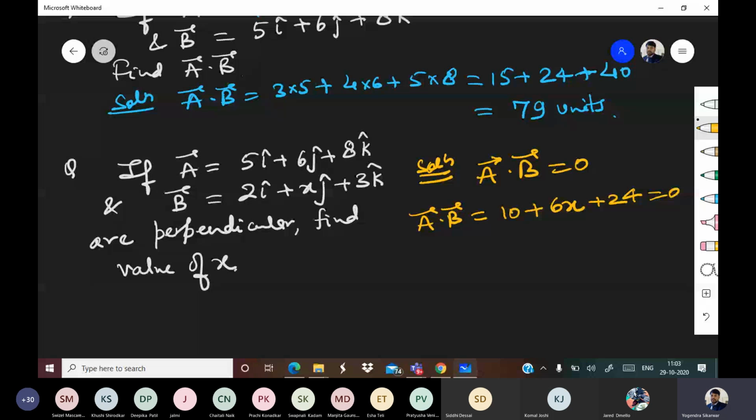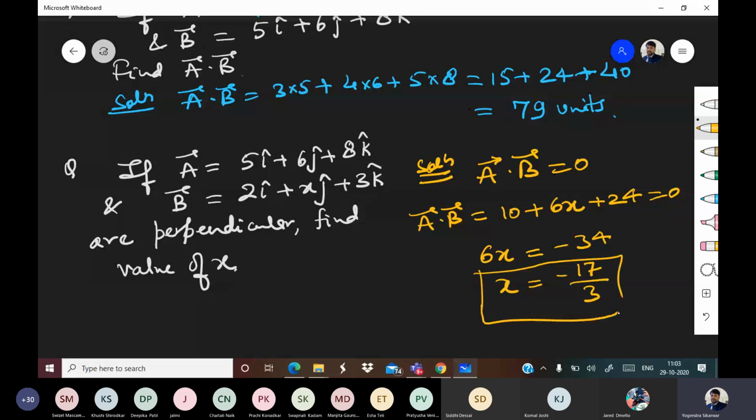That means 6x is equal to minus 34. x comes out to be minus 17 by 3. This will be the answer. All right. Good.